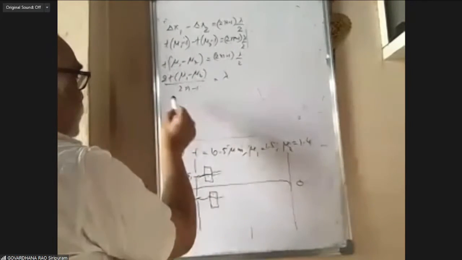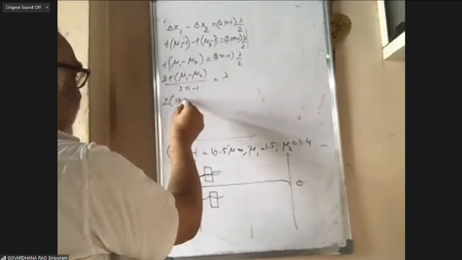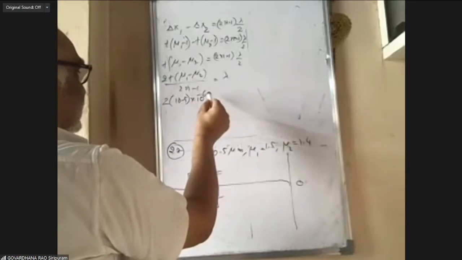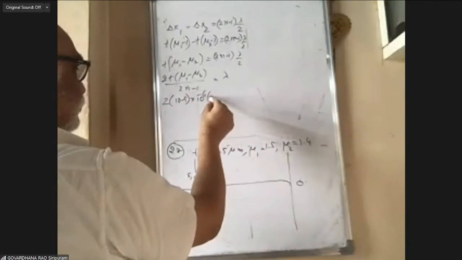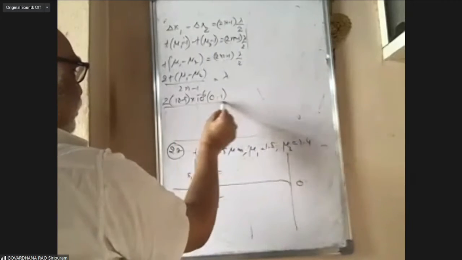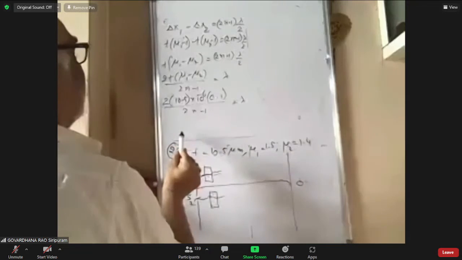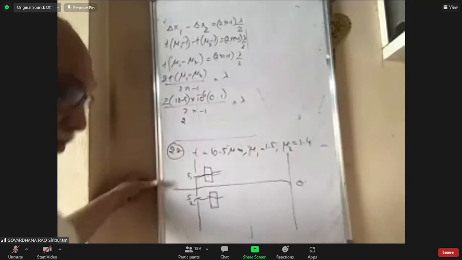Now you keep substituting. 2 times the thickness, 10.5 micrometer, that is 10 to the power of minus 6. Mu1 1.5 minus 1.4, 0.1, by 2n minus 1. Now what will you have? 10.5 into 2 is 21.